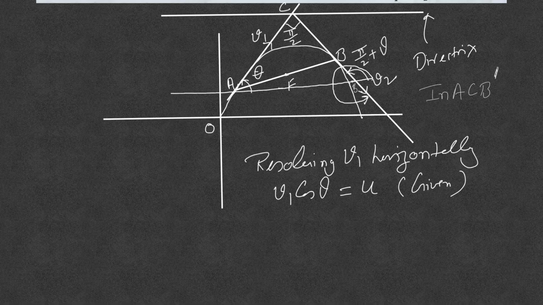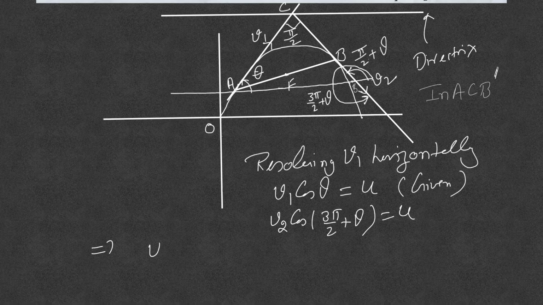So if you see, this angle is pi by 2 plus theta, and adding 180 degrees to this, the total angle will be 3 pi by 2 plus theta. Now this is in the anti-clockwise sense. Now cos of that angle will give the horizontal component of v2. So you may write v2 cos(3 pi by 2 plus theta) is equal to u.